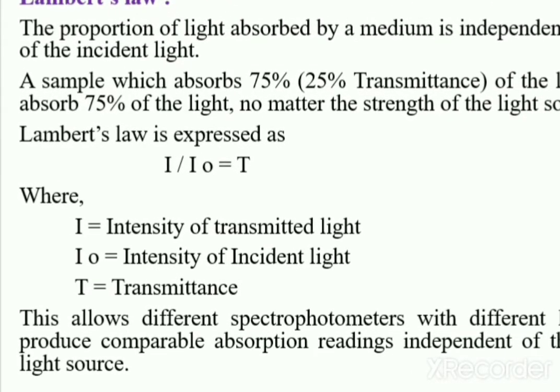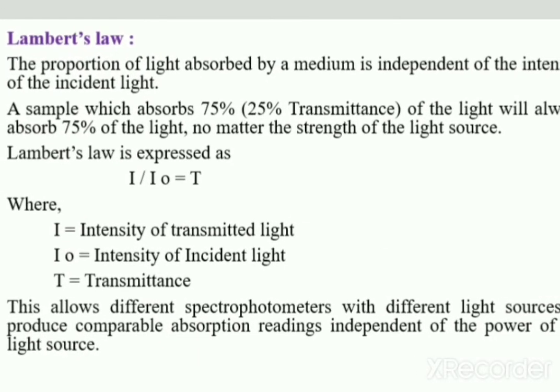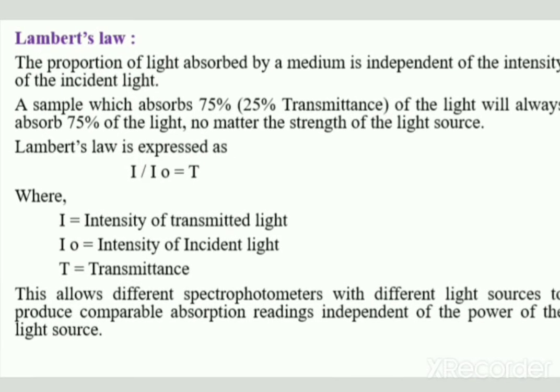So this allows different spectrophotometers with different light sources to produce comparable absorption readings independent of the power of the light source. In this law, you have to remember one simple thing: the proportion of light absorbed and the intensity of light are independent of each other.